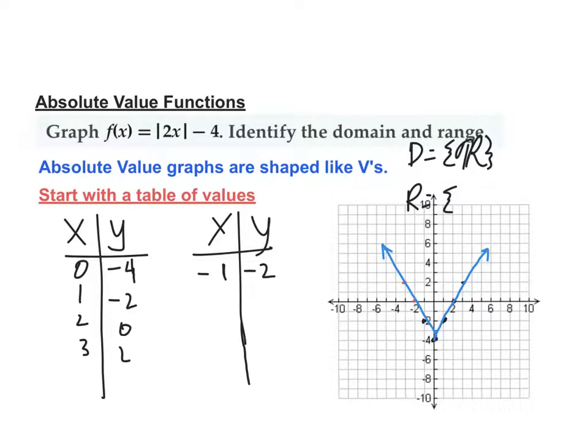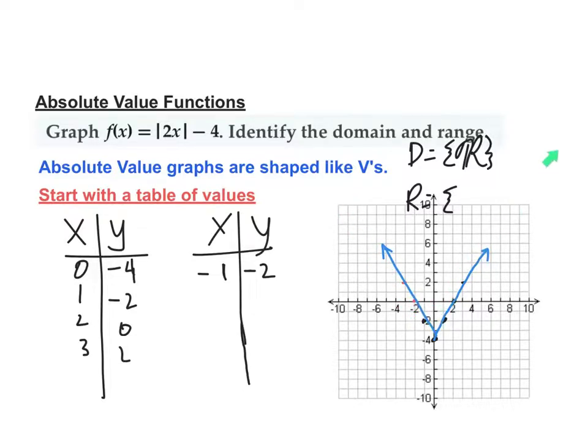So that's how I'm going to write the domain. Now, for the domain I was looking for these boundaries or holes or gaps, and I didn't see any of that. Now for the range, what I want to do is see if there are any boundaries. The one thing I can tell you for sure is that this graph goes up and up forever and ever. There's not going to be an upper boundary, a ceiling that sort of caps this graph.